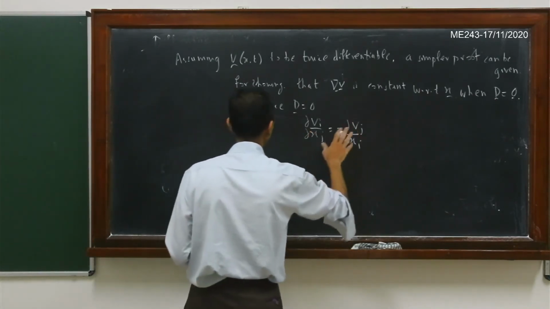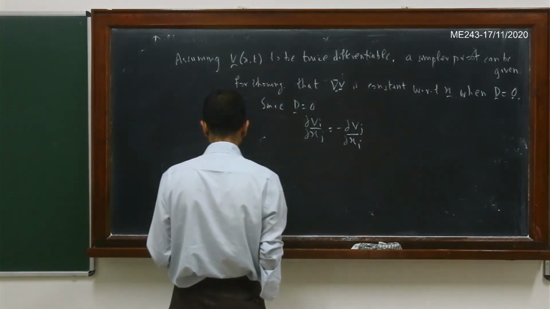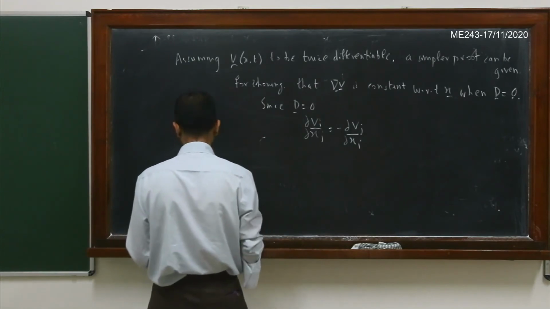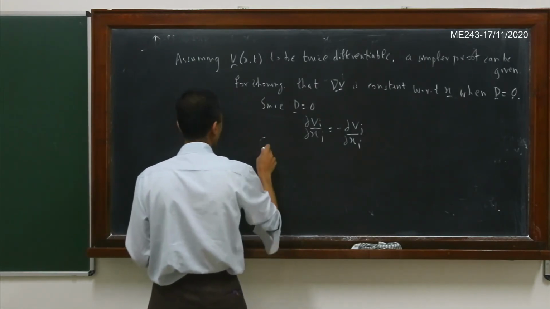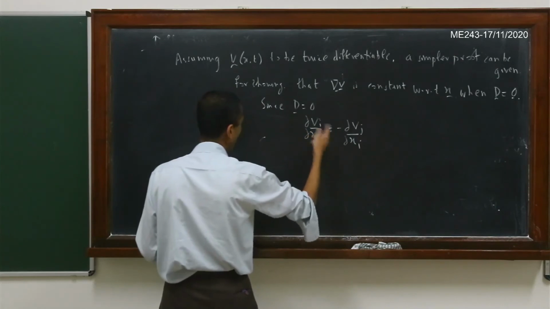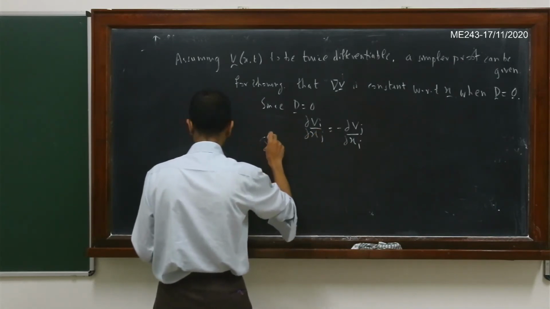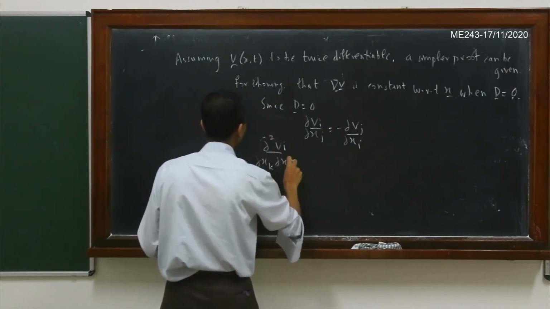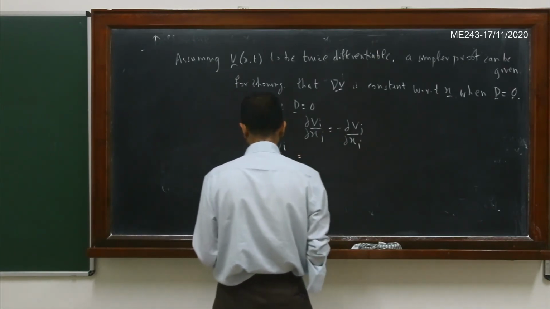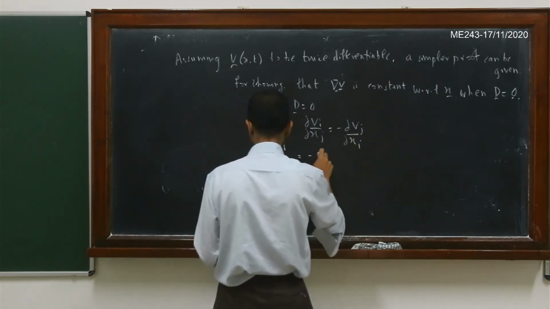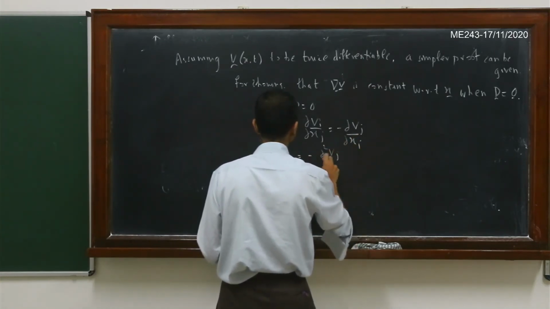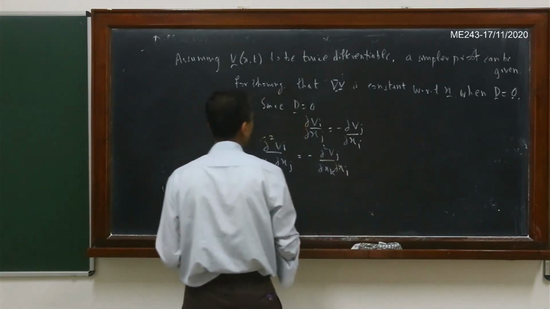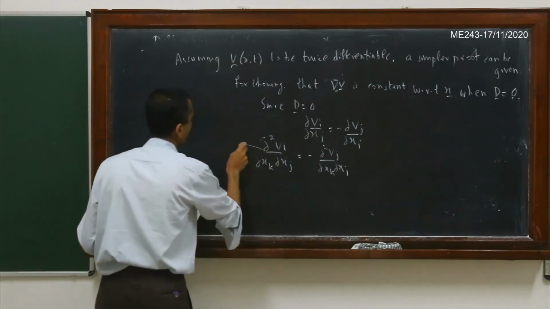And now if I differentiate this with respect to some other index, k, let us call it, del square vi by del xk del xj, I can write this as, using this particular result here, minus del square vj by del xk del xi.